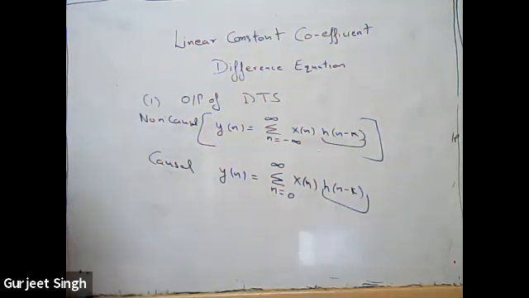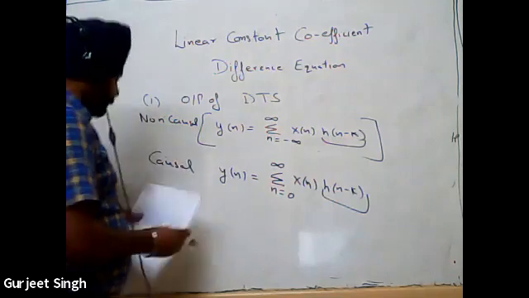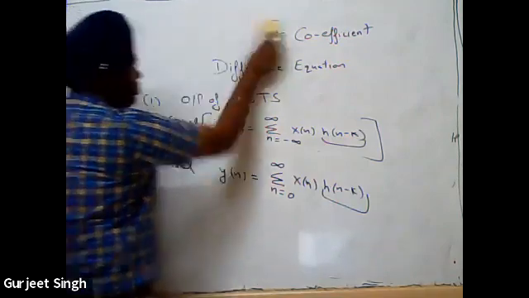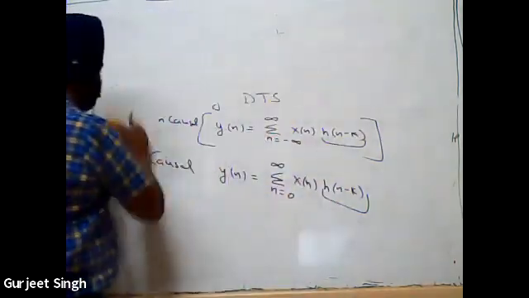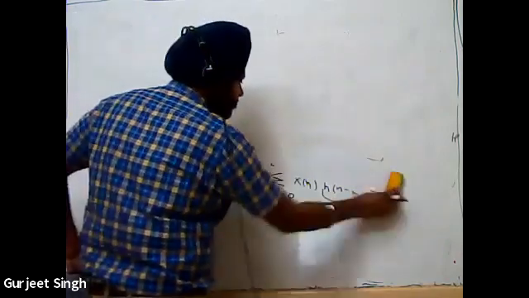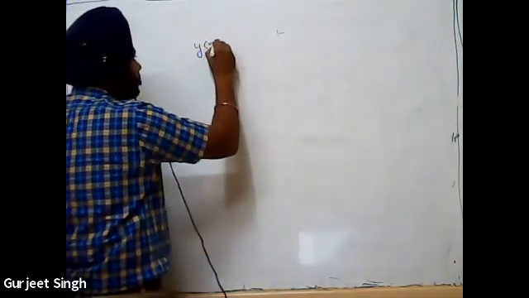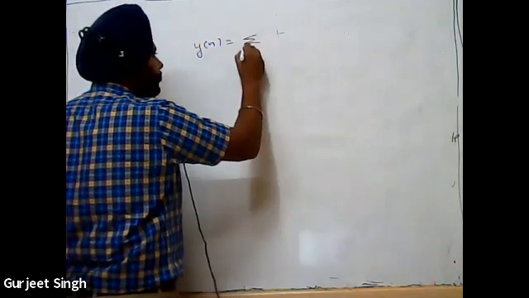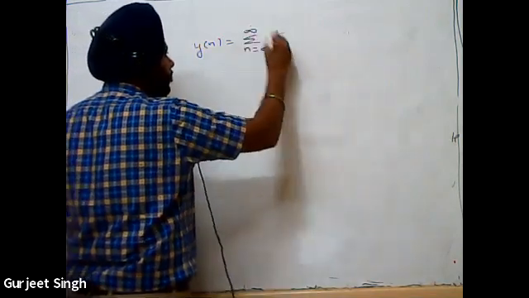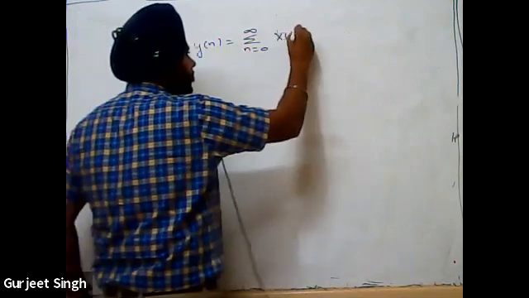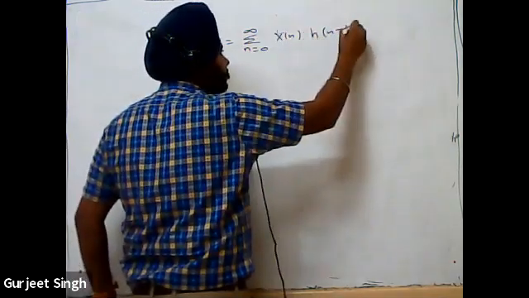So depending upon h[n], we can talk about the length of h[n], which is also called the length of the impulse response. So we have the equation y[n] is equal to summation k is equal to 0 to infinity x[k] h[n minus k].